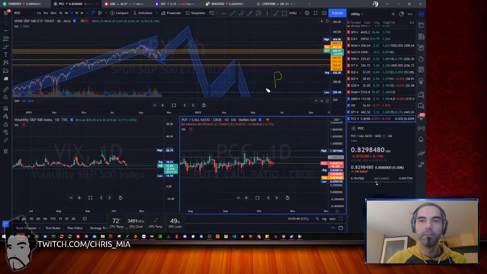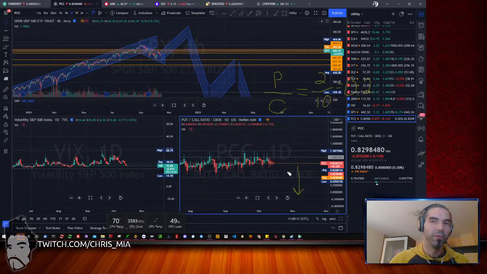Puts on top, calls on bottom, right? If you have a small number of puts, let's say 2 puts, and we have 10 calls, we're going to have a small decimal, 0.2. And essentially that just means that more people are using calls. So the value goes down, which means a good market.